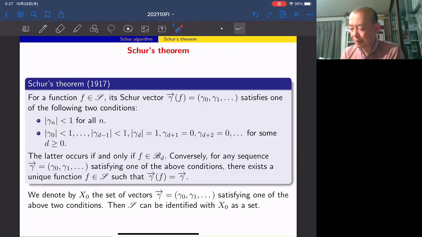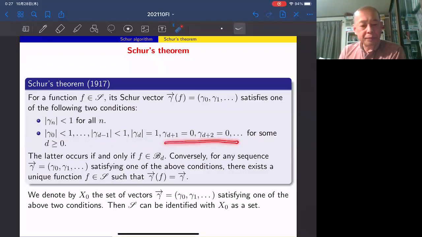And otherwise, there is some d for which gamma d has modulus 1, and in this case, the former ones have modulus less than 1, and the later ones are all 0.